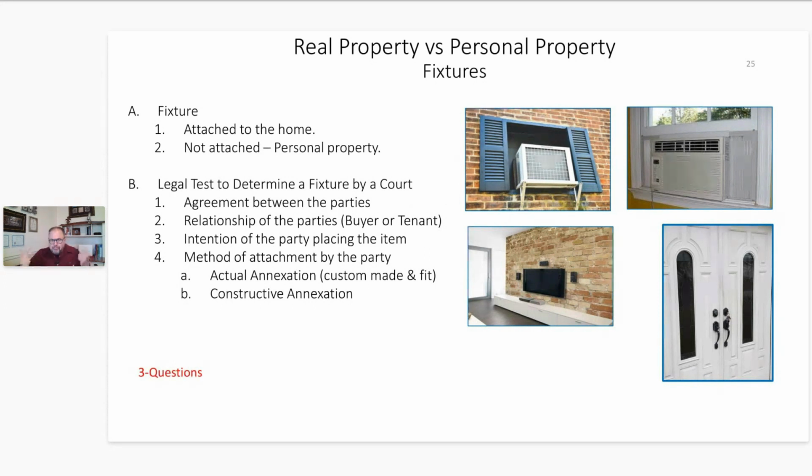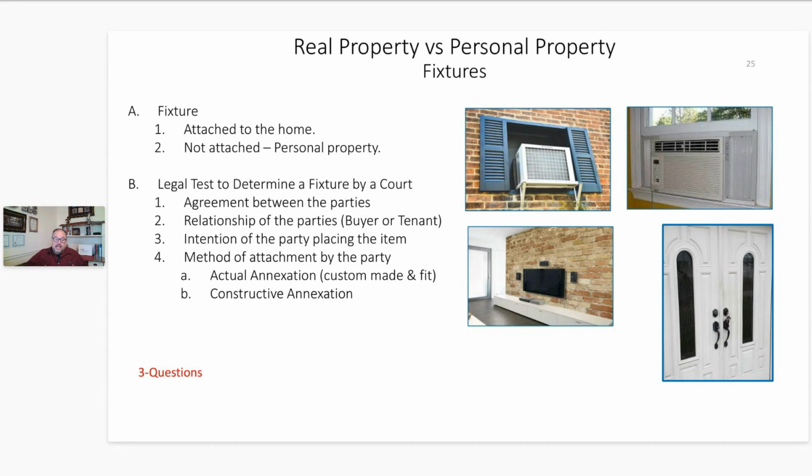Okay. Now, anytime you get the parties to agree, that's perfect. That's what you want, right? If there's any confusion, listen to me carefully, on if it's a fixture or not, as long as the parties agree, you got it in writing, we're good to go. Okay, so that's an easy one. Now, the relationship between the parties, or the relationship of the parties. For example, if I'm renting a property that you own and I go in and install a fixture, okay, my relationship is I'm a tenant, right?